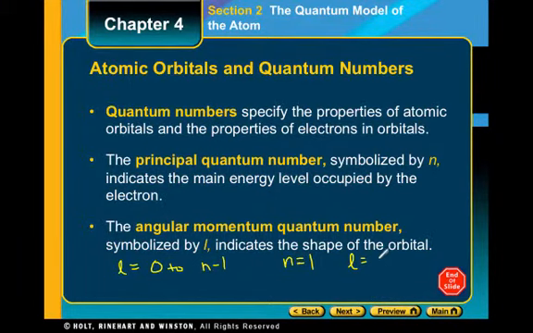Starts at 0, so we'd always have 0. And then what would n minus 1 be if n equals 1? 0. So is there any other possibilities for L? No. But let's say n equals 3. Then what L values would we have possible?